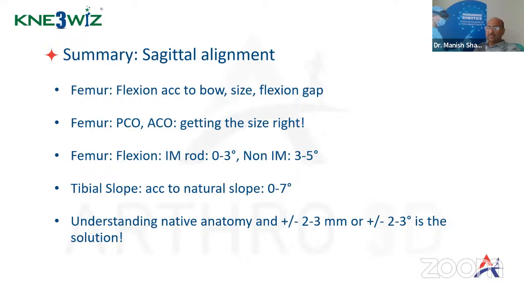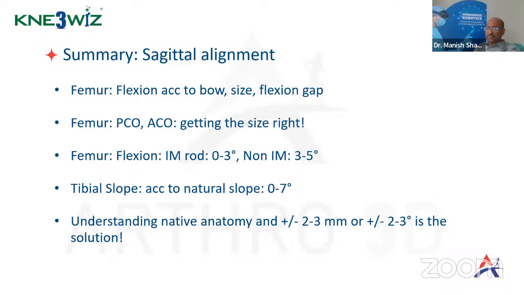In summary of sagittal alignment, flexion according to the bow, get the offsets correct. If you're using an intramedullary rod, aim for 0 to 3 degrees. In a non-intramedullary rod setup with a technological aid, aim for 3 to 5 degrees.